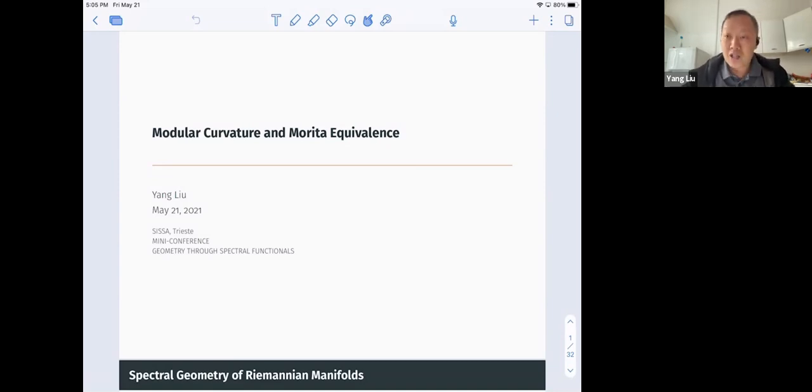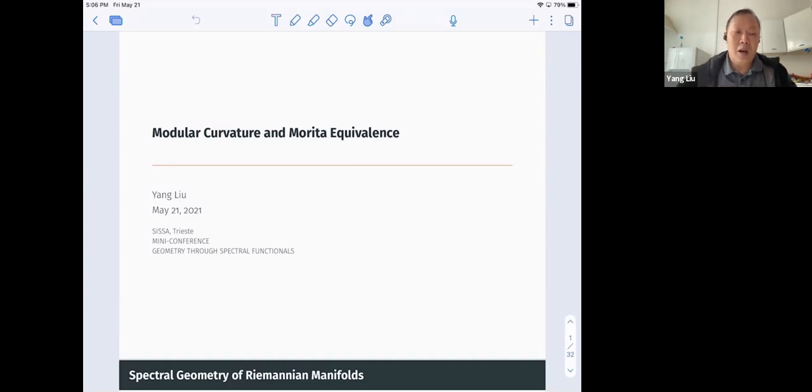Again, I think my talk is very closely related to Masu's talks. The title, modular curvature and Morita equivalence, is borrowed from one of the papers by Moscovici and Lesch, which I'd like to talk about in detail today.